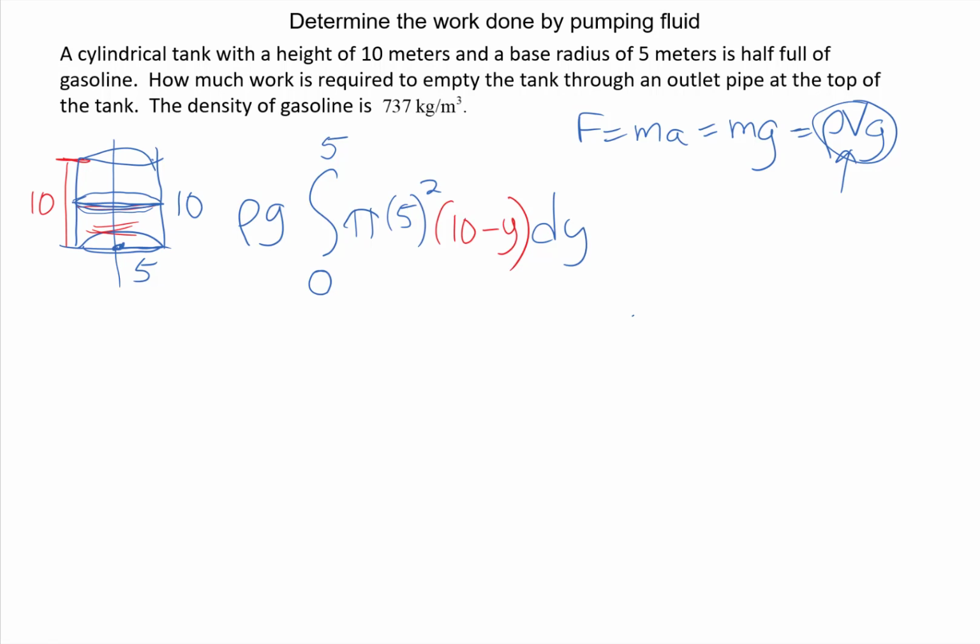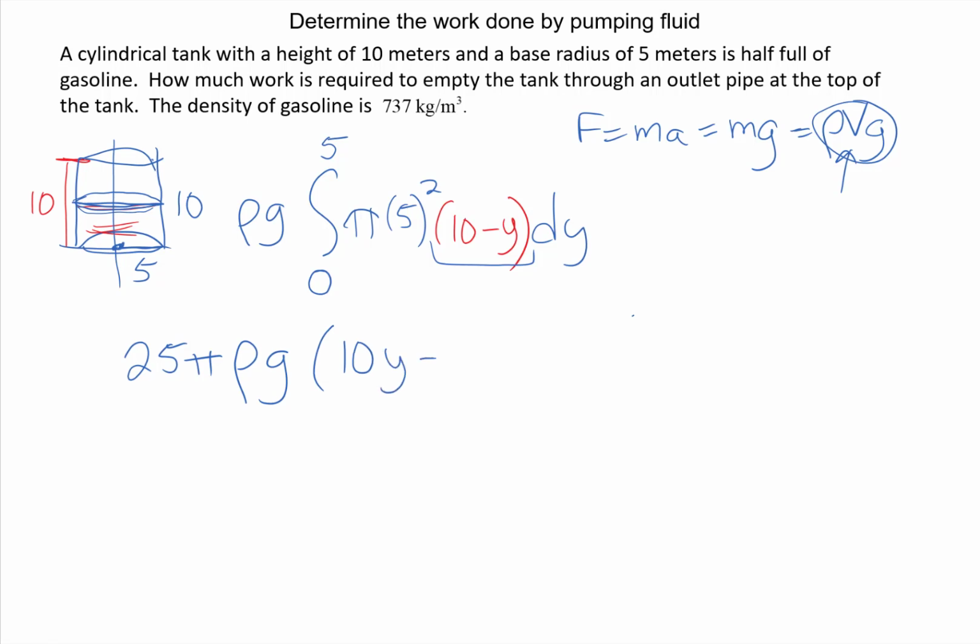In order to do that, I'm going to move the things that are constant out in front, which would be the pi and the 5 squared. So out in front, I'm going to have 25 pi rho, which is the density, g, which is the gravitational constant. And then with those out in front, I'm left to integrate 10 minus y. So I'll go ahead and integrate it while I'm doing this step.